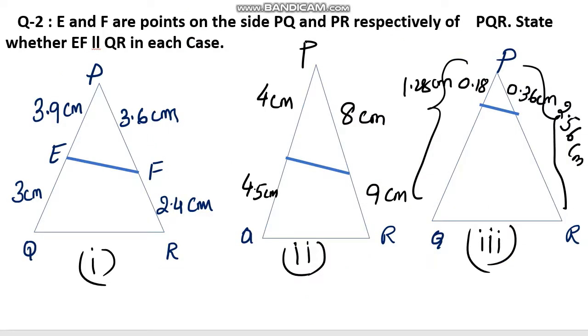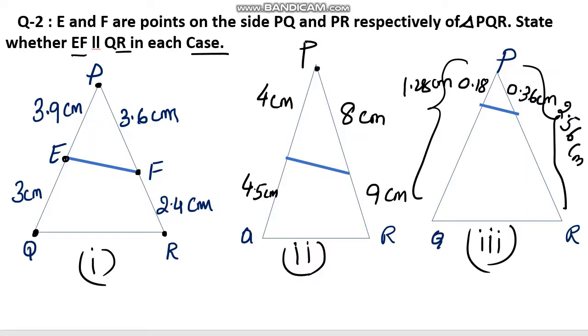Come on children, let us see the second question. E and F are points on the sides PQ and PR respectively of triangle PQR. State whether EF is parallel to QR in each case. See here in this triangle PQR and one line segment EF passing through PQ and PR.